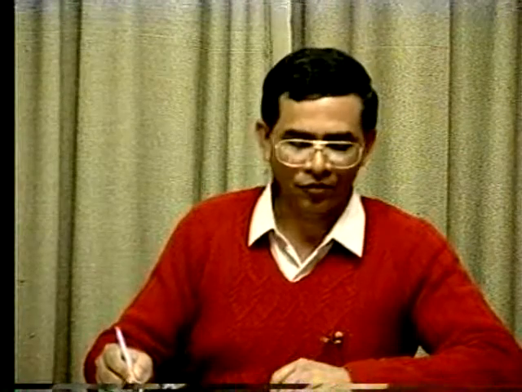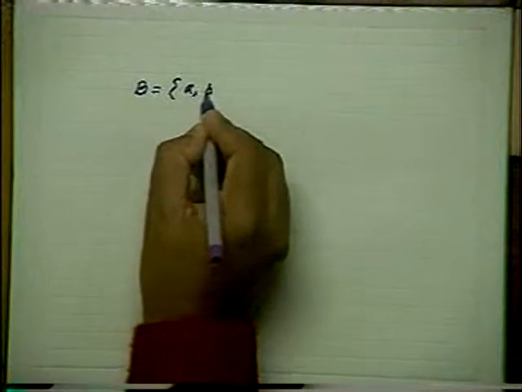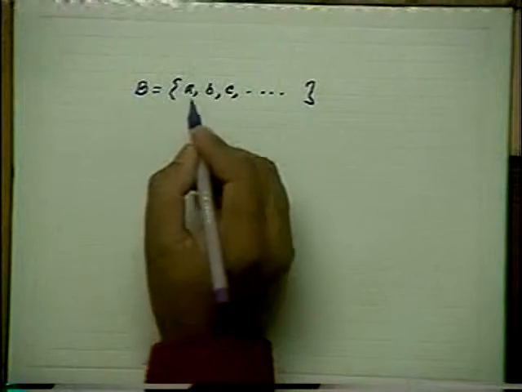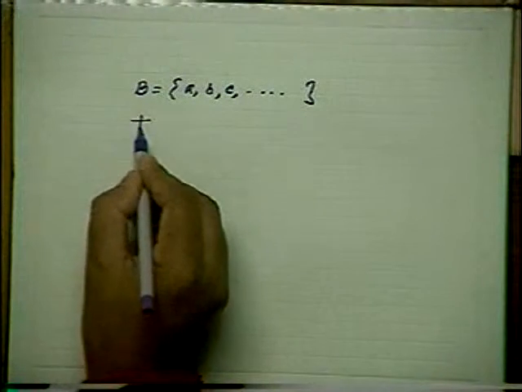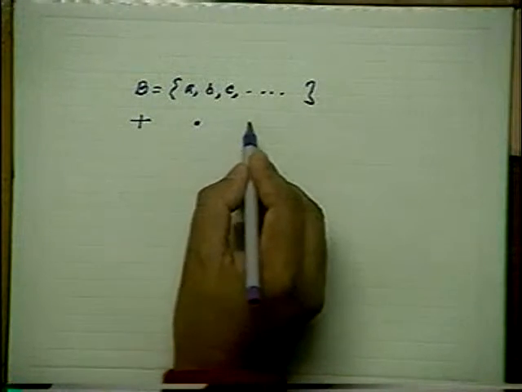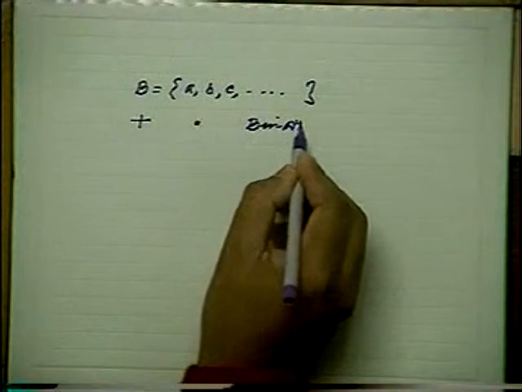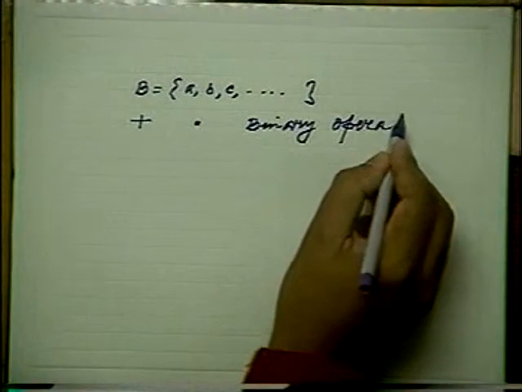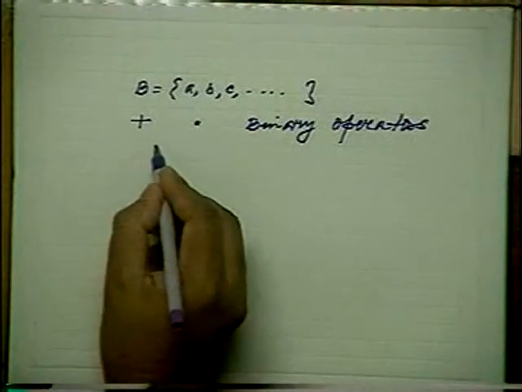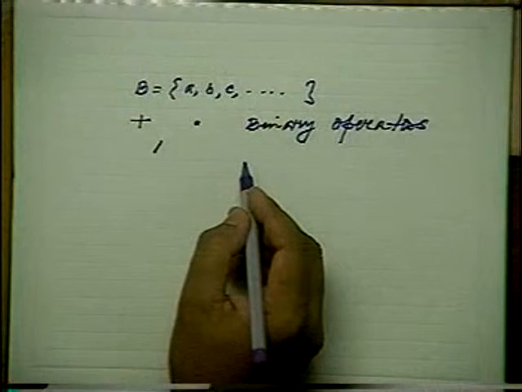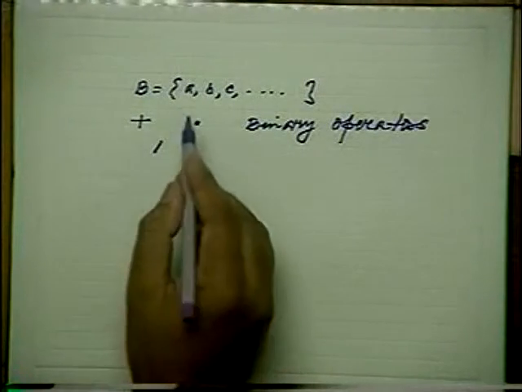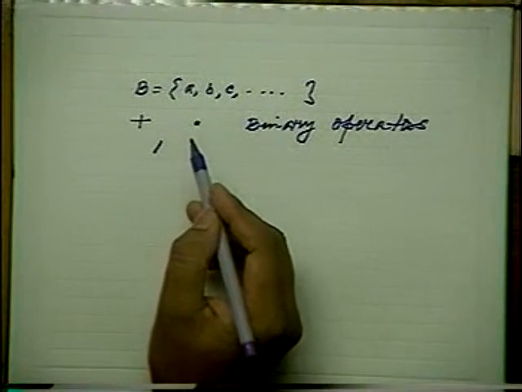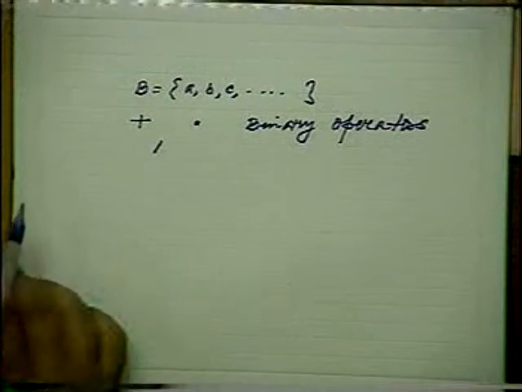This algebra was introduced by George Boole in 1854, and essentially it consists of a set B consisting of several elements, say A, B, C, two binary operators plus and dot, and one unary operator, dash, satisfying the following axioms.